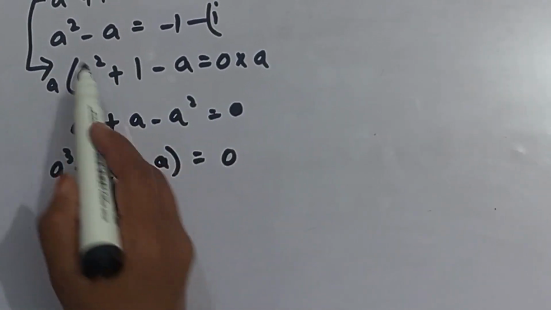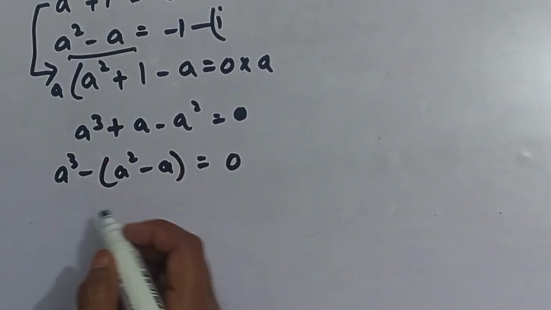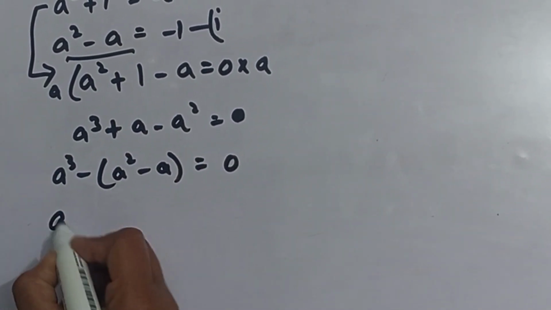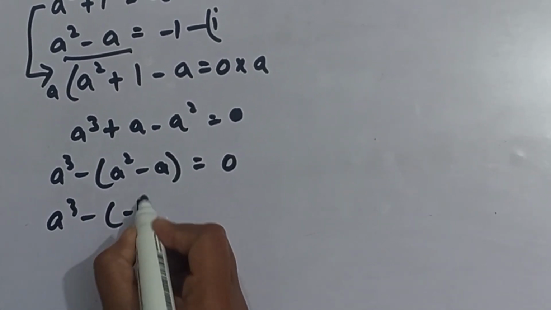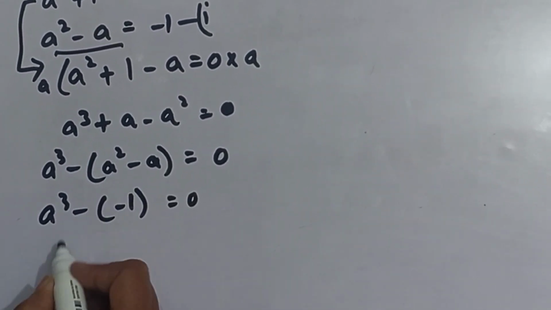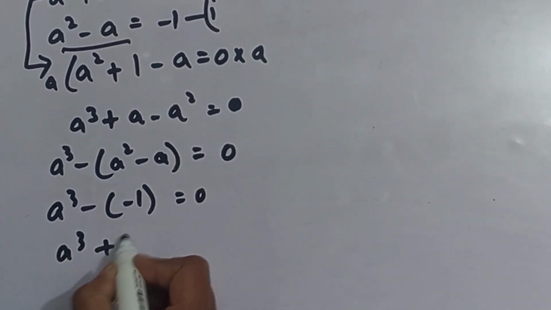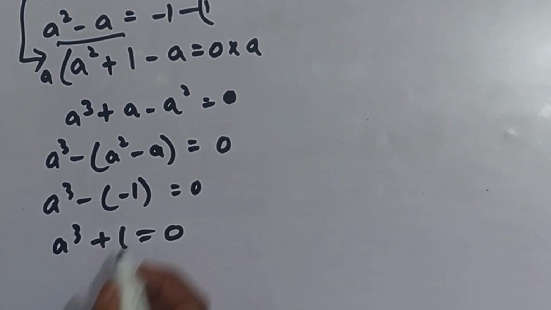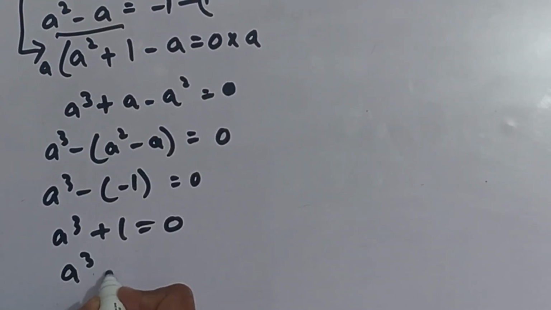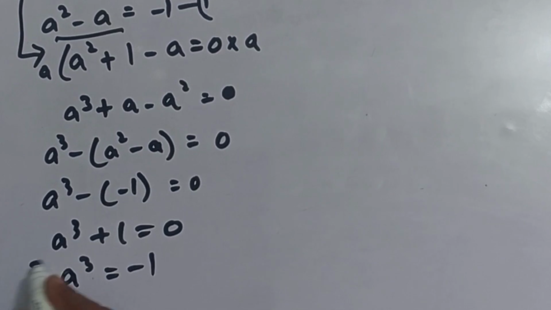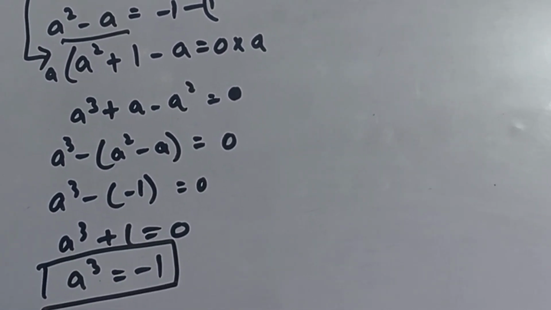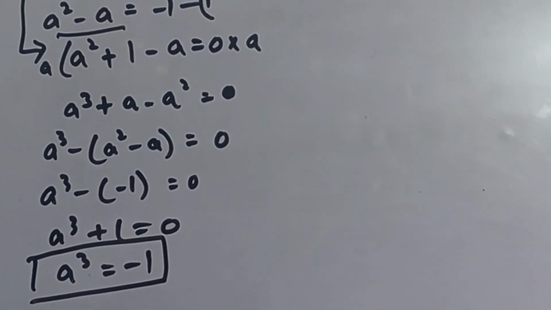And look at equation number 1: a square minus a is equal to minus 1. So here we write a cube plus 1 is equal to 0, and this implies a cube is equal to minus 1. This is the important point. We use this information later.